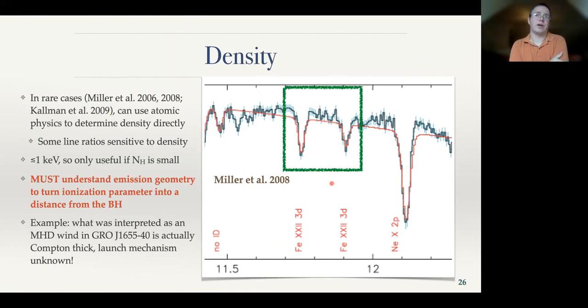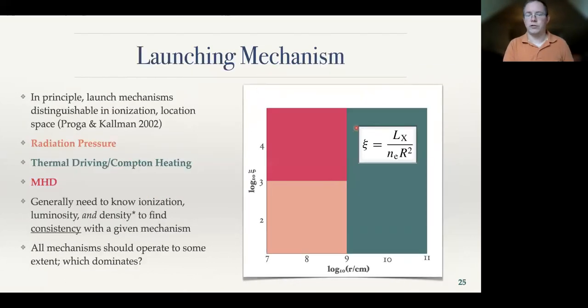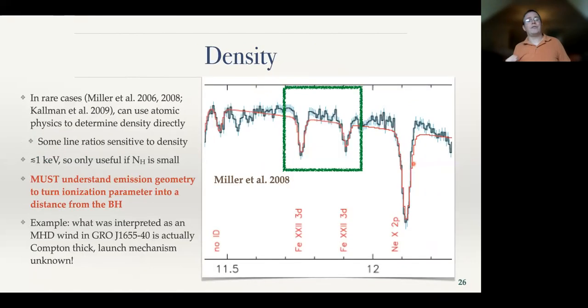Because they're in soft X-rays, they're only useful for sources that are not directly in the galactic plane. But when you take that density and use it to calculate a radius from the ionization parameter, you've got your ionization parameter and your luminosity, and you finally find your density, you turn that into a radius, you have to understand the emission geometry in order to turn that ionization parameter into a distance from the black hole.